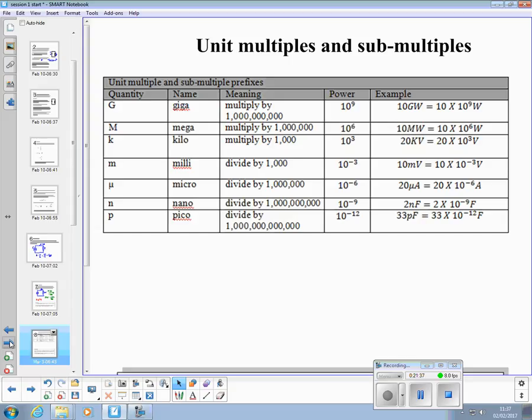But the most important reason for talking about this is if you're using Ohm's law, power formulas, all your units must either be in the base unit of amps, ohms, watts, or volts, or they're all in the same multiple, so they're all kilo, all milli, or we use power 10 notation to denote milliamps, kilovolts, and so on.